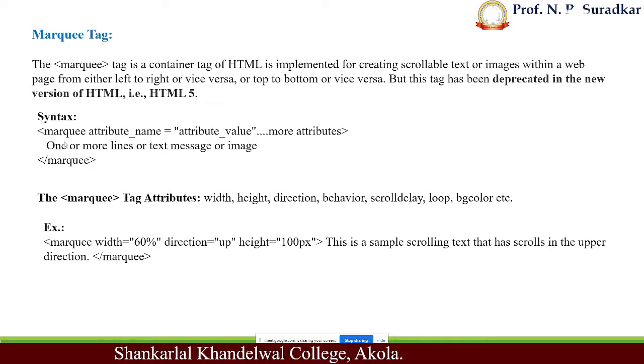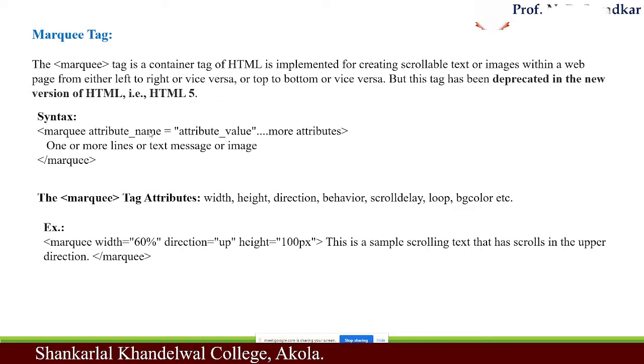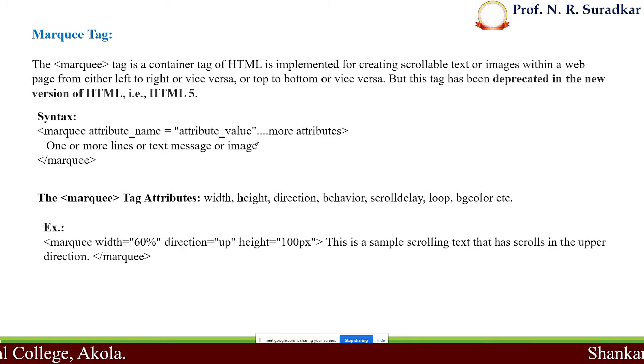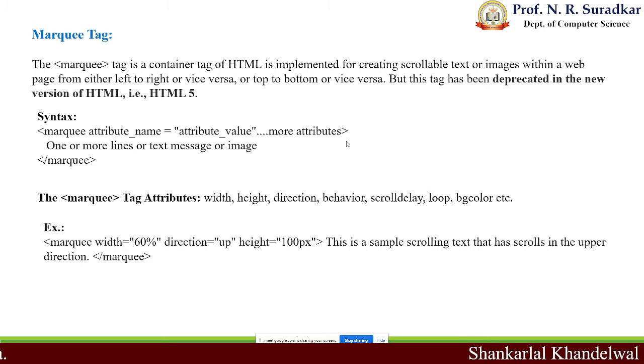Here we have to use the keyword marquee, then the attribute names. Attribute names are nothing but the effects: in which direction you want to move the text, what its size, width, and height are. All these types of attributes we include in between the opening and closing marquee tag. Here we apply the effect.